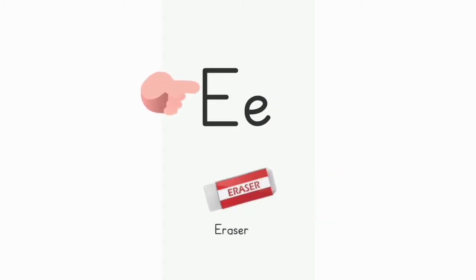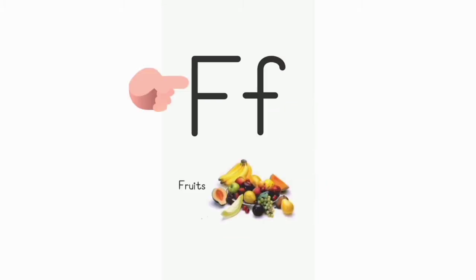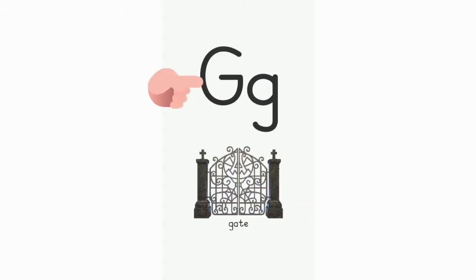Capital E, small E for eraser. Capital F, small F for fruits. Capital G, small G for gate.